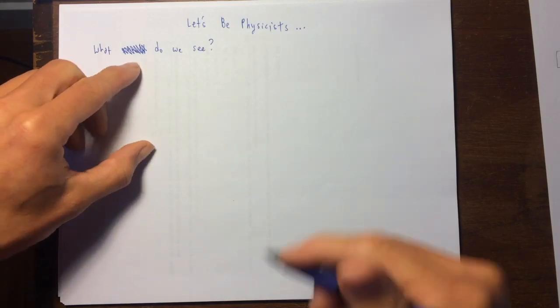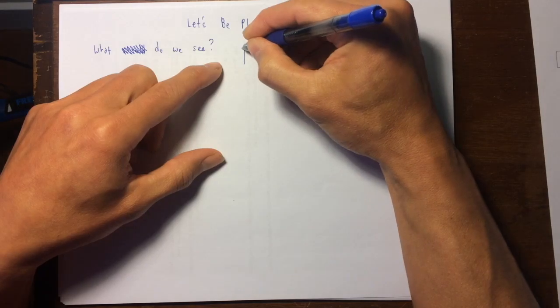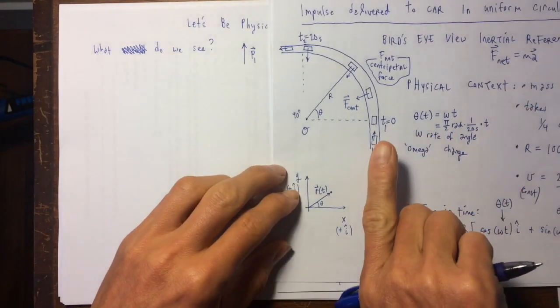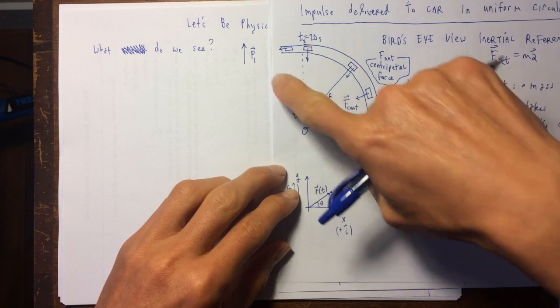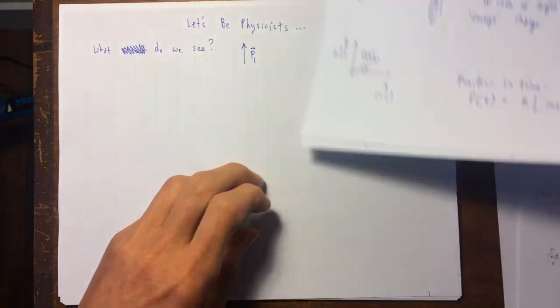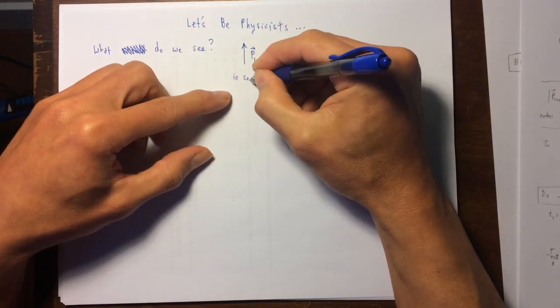So what do we see? We see the momentum of the car. The car comes in with an initial momentum upwards at t1. So p1 is this upwards momentum, the incoming momentum.